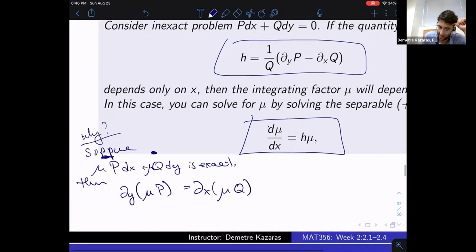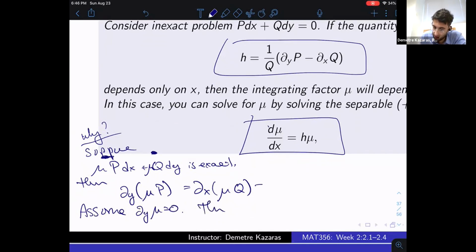Now let's write down what happens if mu is independent of y. So let's assume that the y derivative of mu is 0. In other words, mu does not depend on y.